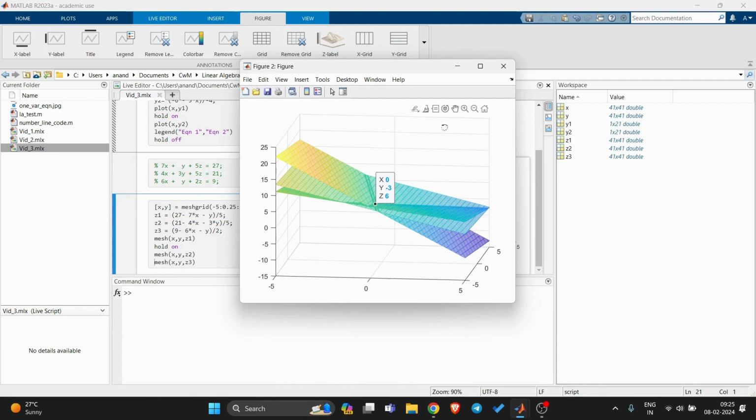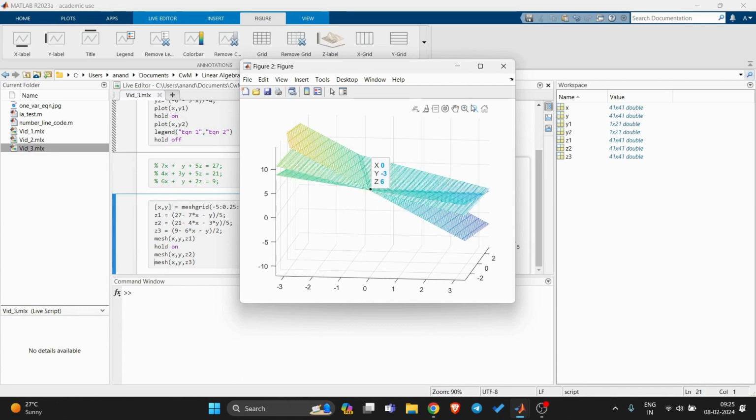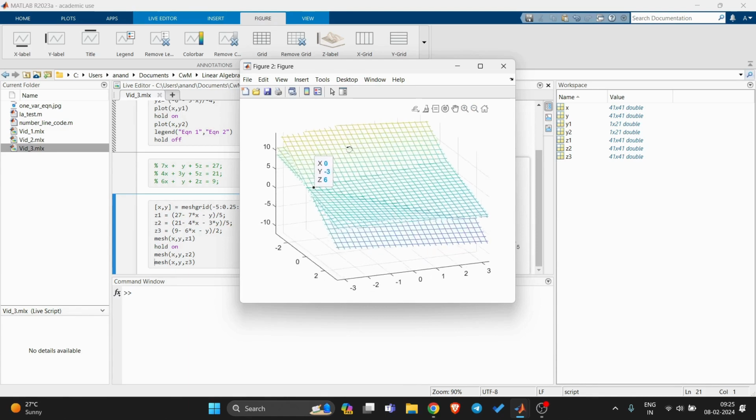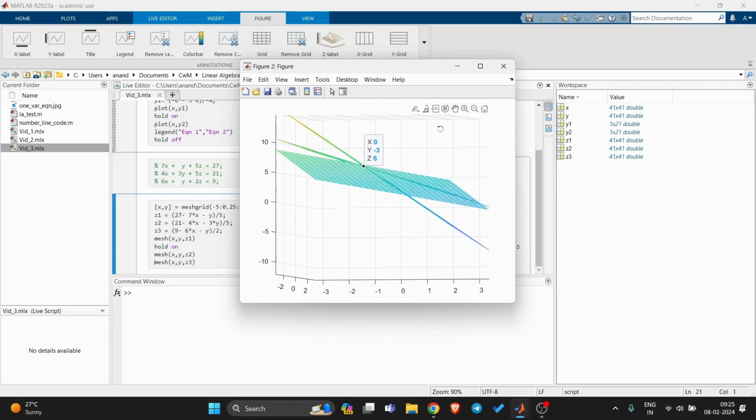It's very hard to see the point at which these planes meet in such a visualization. So this is the point at which all three planes meet, if you look closely. Now, this will get even worse when the number of variables increases.